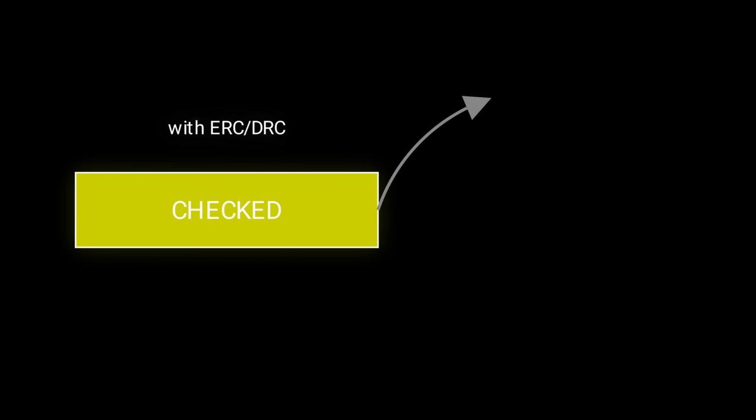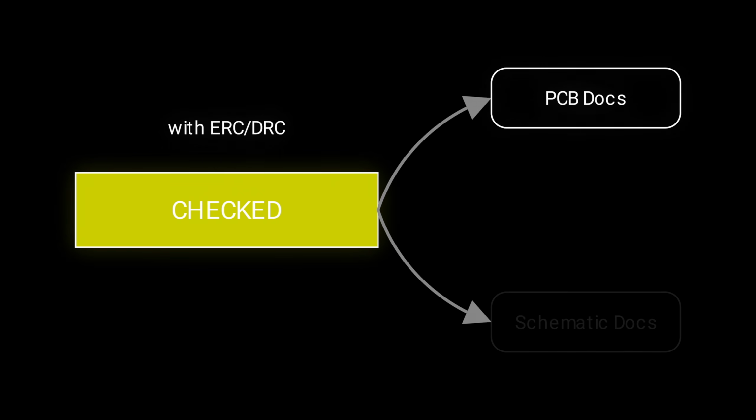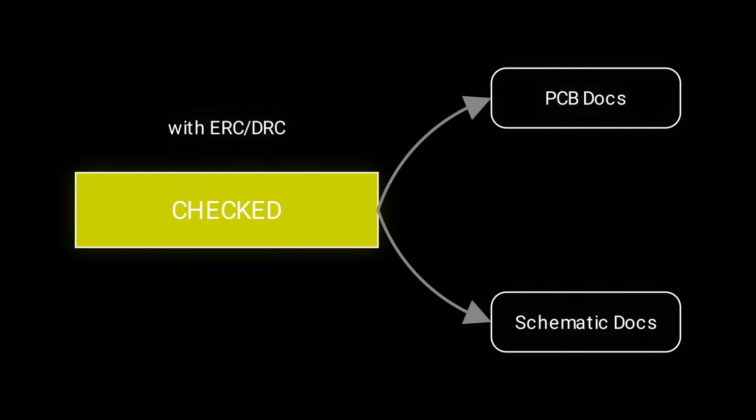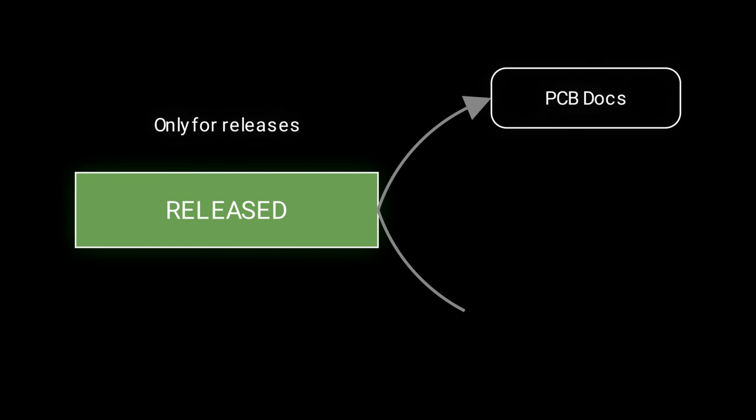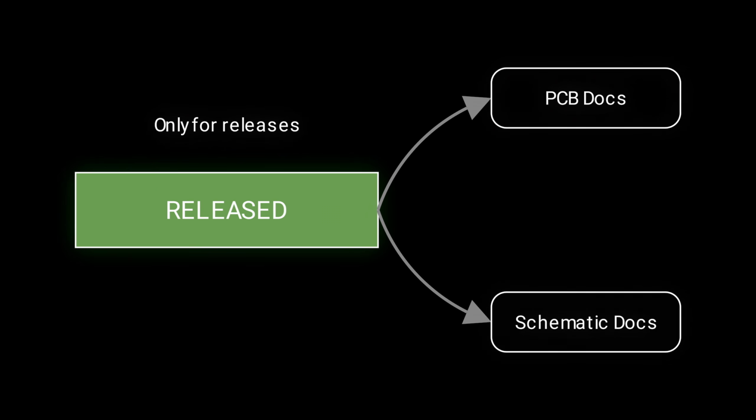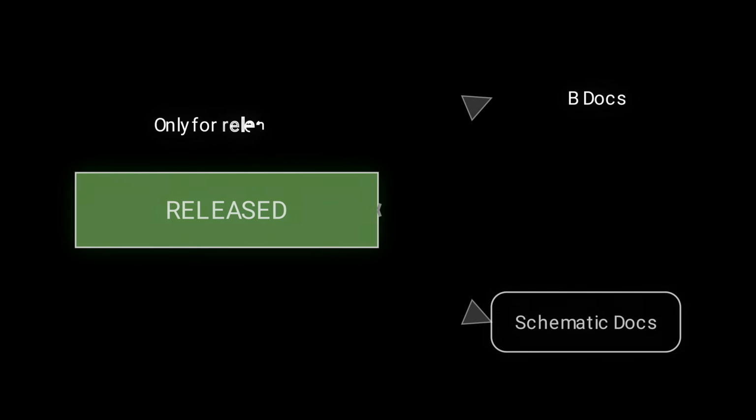We will generate both the schematic and PCB documents, and we will also perform both ERC and DRC validations. Finally, we will have the release phase, which is identical to the checked phase, but is only for releases. This phase is automatically selected when we push a tag to GitHub and create a release.